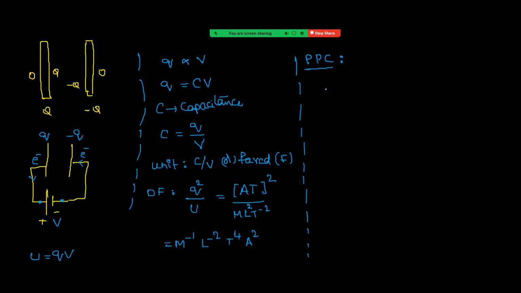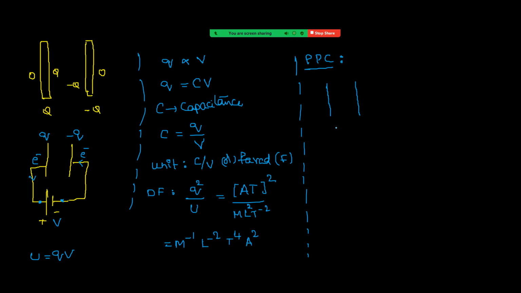Now see carefully what we are doing here. We are taking two plates. We know that capacitance equals charge by potential difference. If you take more charge, potential difference will be more. That means capacitance does not depend on the charge or on the potential difference.